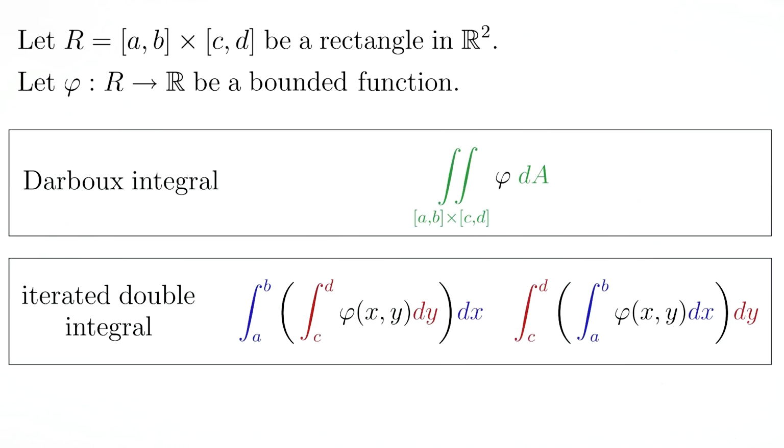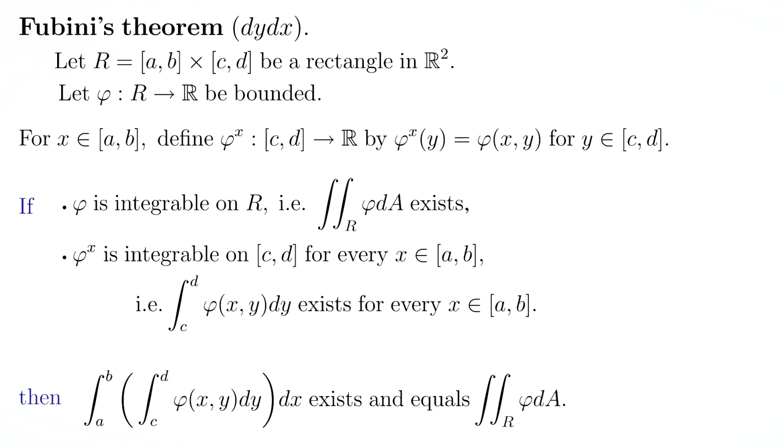Revisiting our original questions, we have settled the problem for the dy dx integral with a version of Fubini's theorem. The same can be done for the dx dy version, but the theorem and the chopping are a bit different. Here is the old dy dx version, again, of Fubini's theorem.